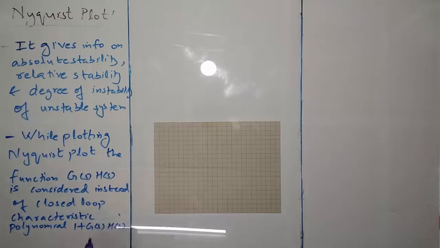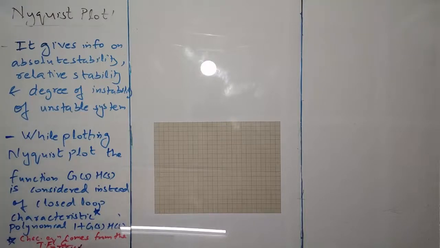So what is the closed loop characteristic equation? This is something that you must have studied in previous units. Just for remembering, this characteristic equation comes from the transfer function of the form G over 1 plus GH.